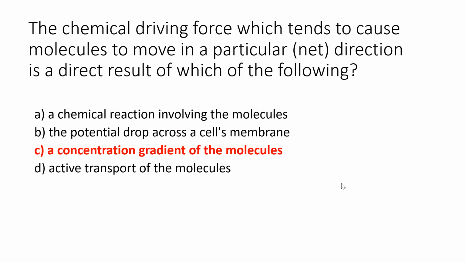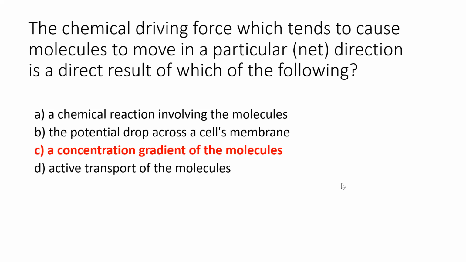When we think about active transport, that would be moving particles against their natural gradient. That's why that's going to require energy. That's going to be that uphill movement, right? And so active transport will favor the movement of particles against their concentration gradient.